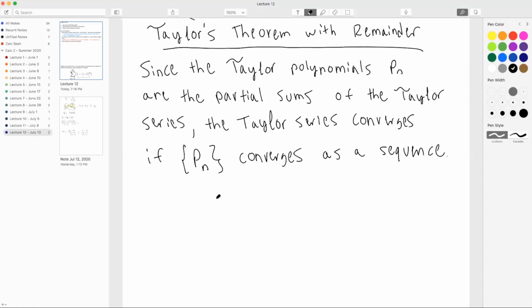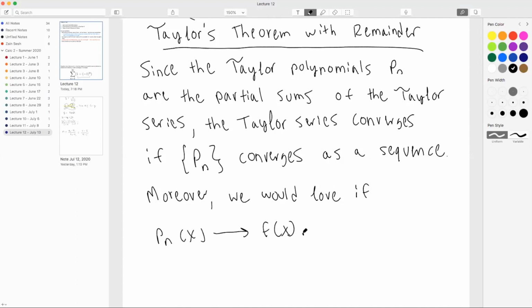Good. So it will converge if the Taylor polynomials converge, but moreover, we would love it if the p sub n's converge to f, the function that we're looking at the Taylor series of. So moreover, we would love if p sub n of x converges to f of x. Okay, we don't know that yet.